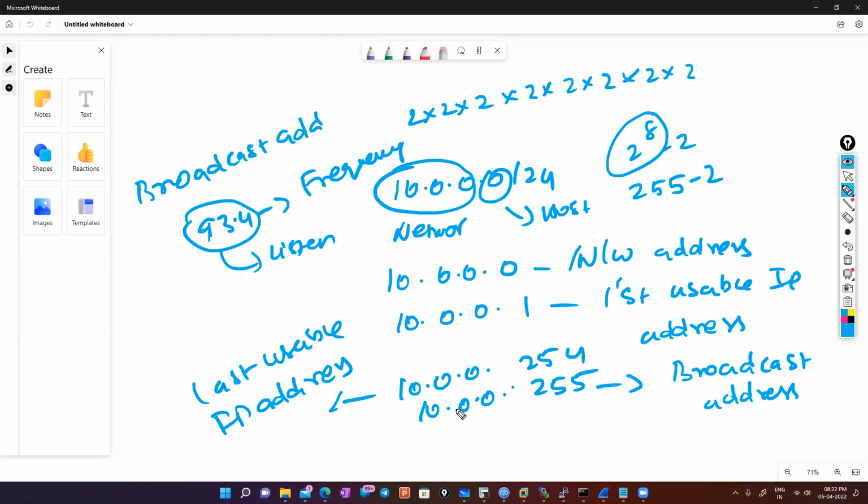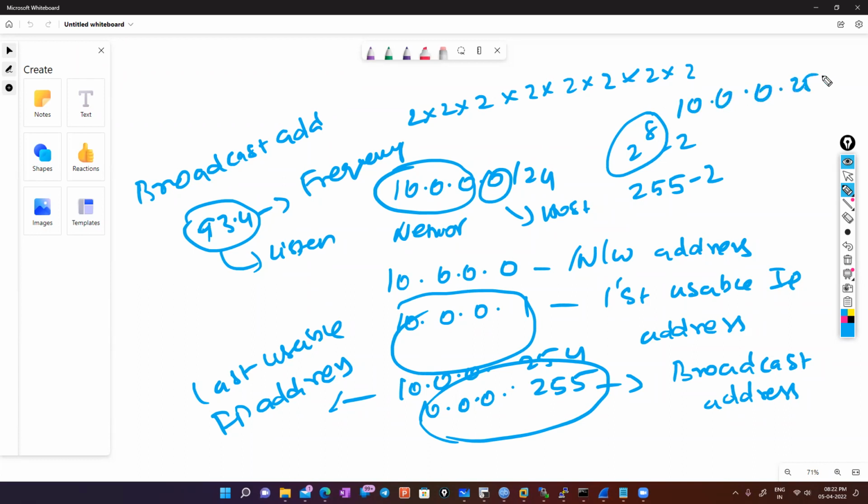In the same way, if I try to ping this IP address, I'll get an ICMP reply from all the active hosts that are connected. This is used for what they call a ping sweep, because I cannot go and check every single active device in my network. It takes a lot of time and I don't want to do that. I'll just ping the broadcast address, and all the active IP addresses will reply back to my ICMP request.